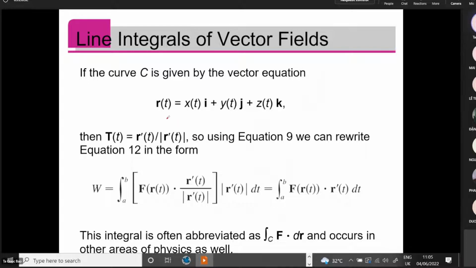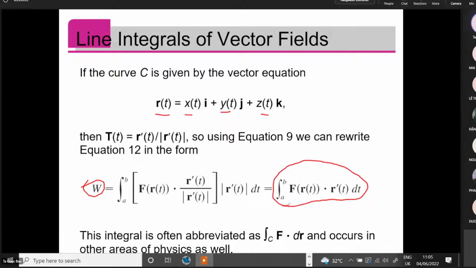So now because r equals x(t) i, y(t) j, and z(t) k, therefore T is equal to r prime divided by the length of r prime. So therefore we can have W like this.